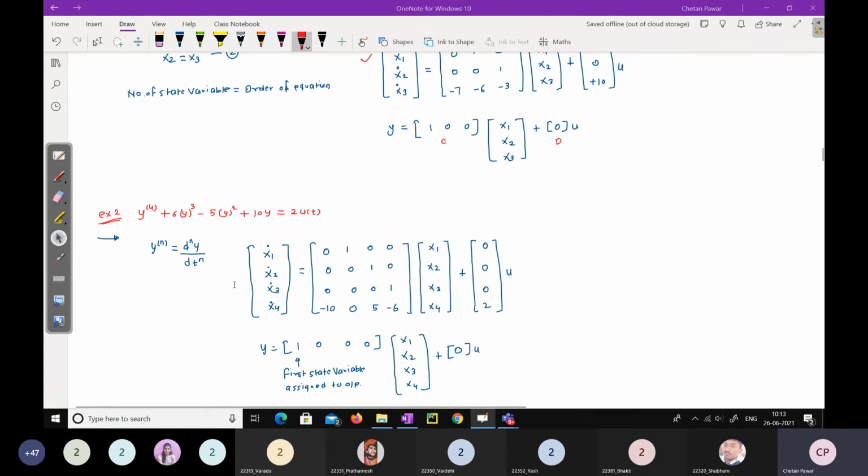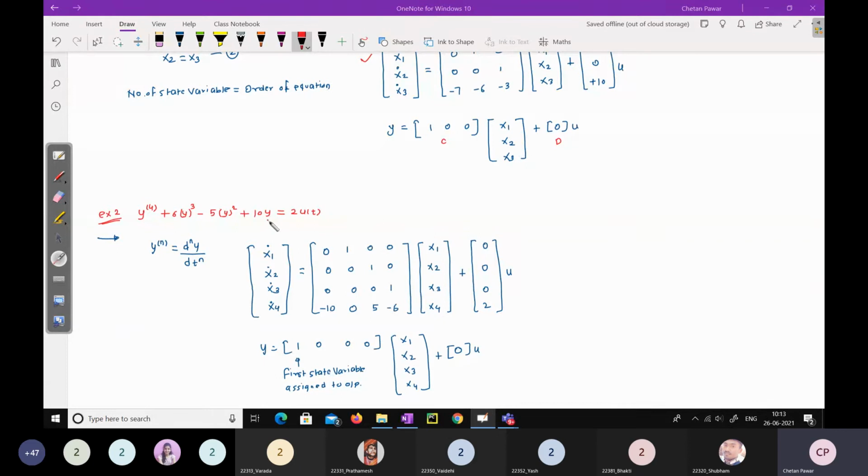Here you can see, now this differential equation is given. Y raised to n means that will be the nth order derivative. So here you can see y raised to 4 plus 6 into y cube minus 5 into y square plus 10y is equal to 2 into u of t. This differential equation is given, and we need to form the state model from that particular differential equation.